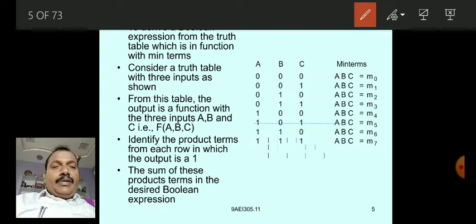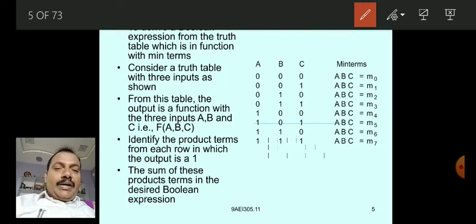To write the minterms you have to identify each minterm. We have to express the product in terms of its variables, complemented variable or uncomplemented variable.